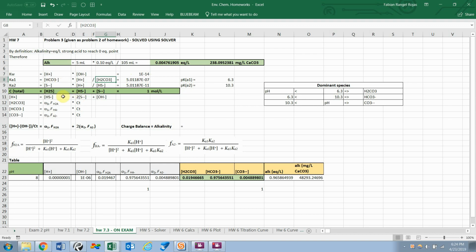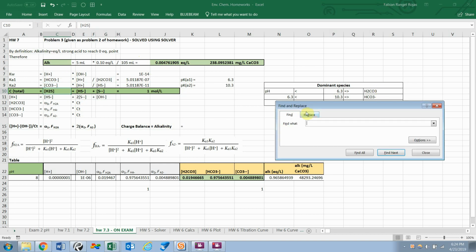Again, I'm gonna have to replace this S with CO3 2 minus. Actually, I can hit Control F and replace. I can replace any instance of S2 like that with CO3 2 minus.